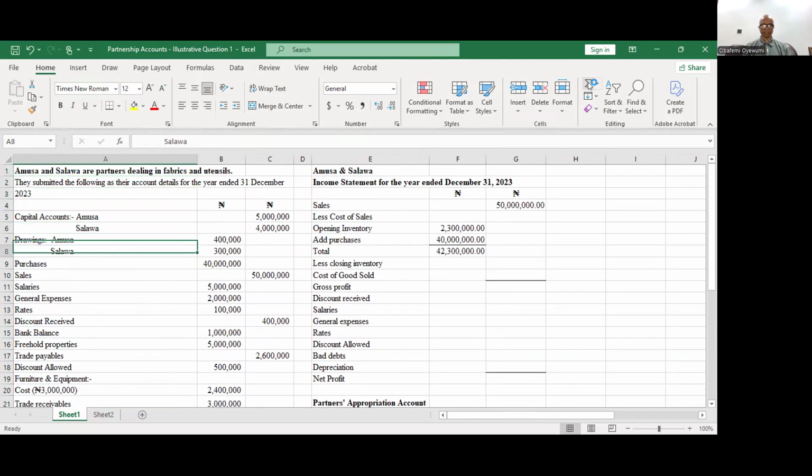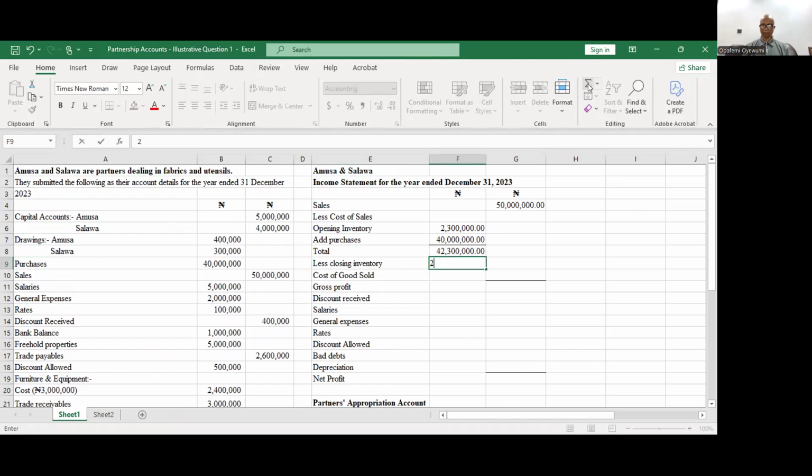So we put it as a less: 2.5 million. Cost of goods sold, we now have 42,300,000 minus 2,500,000, so that's 39 million, 800 thousand. So what do we have as gross profit?